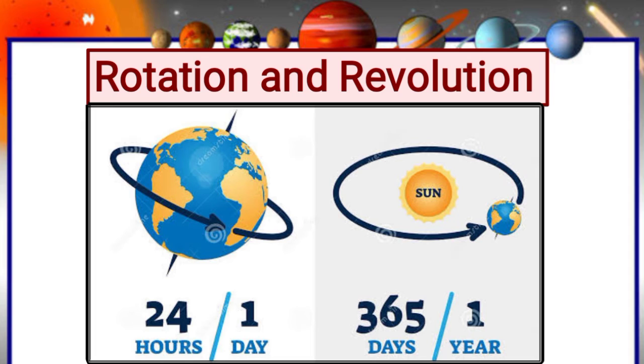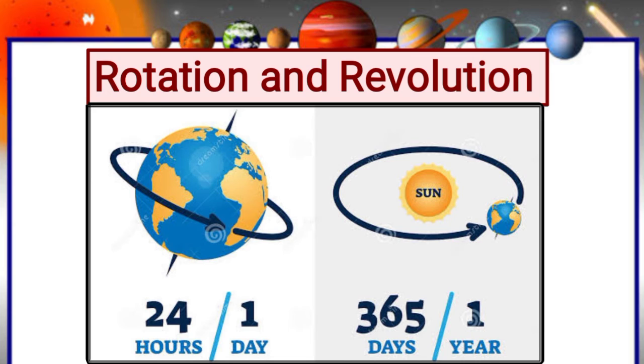So, as you know, the earth moves in two different ways. Earth revolves around the sun once a year and rotates on its axis once a day. When the earth's orbit makes a circle around the sun, at the same time the earth revolves around the sun, it also spins, and in science we call that rotating on its axis.